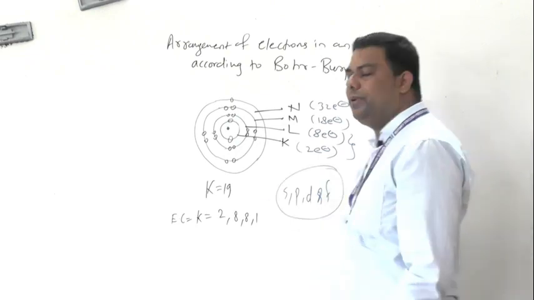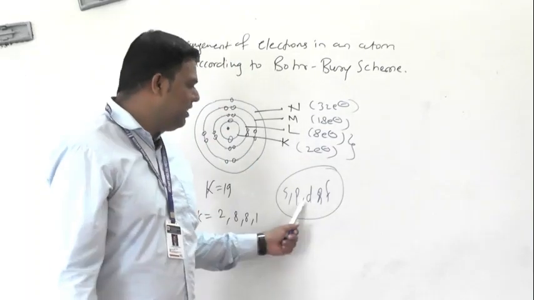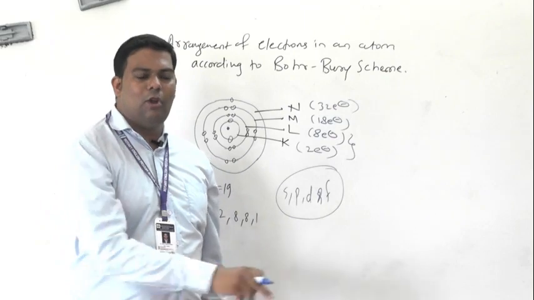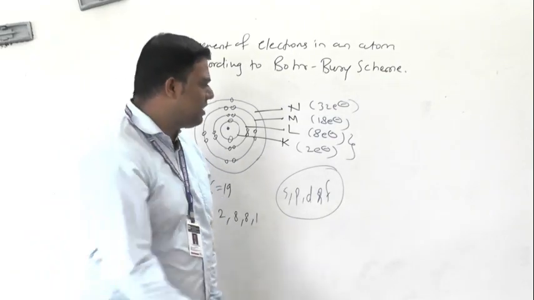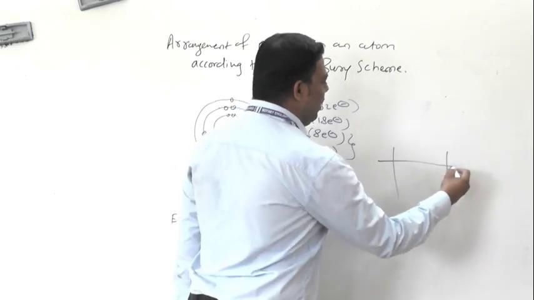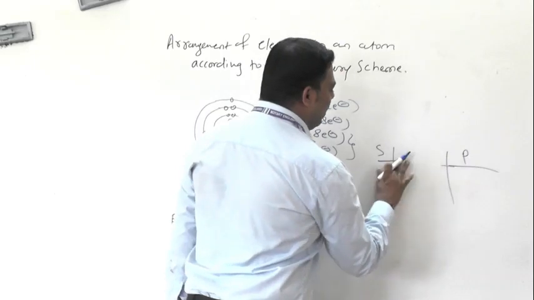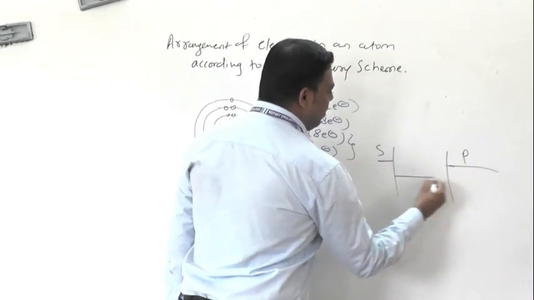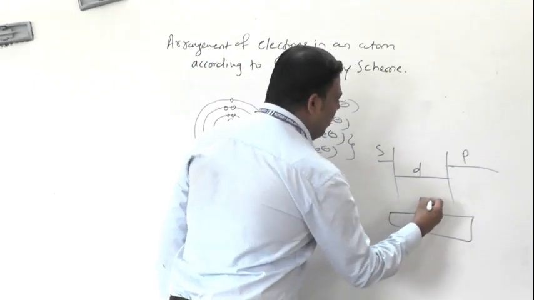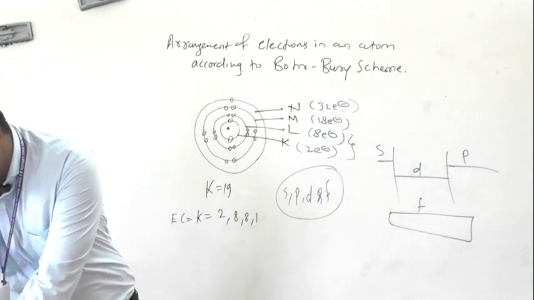This s, p, d and f we are studying, as in our periodic table, s block elements, p block elements, d block elements, and downside the f block.